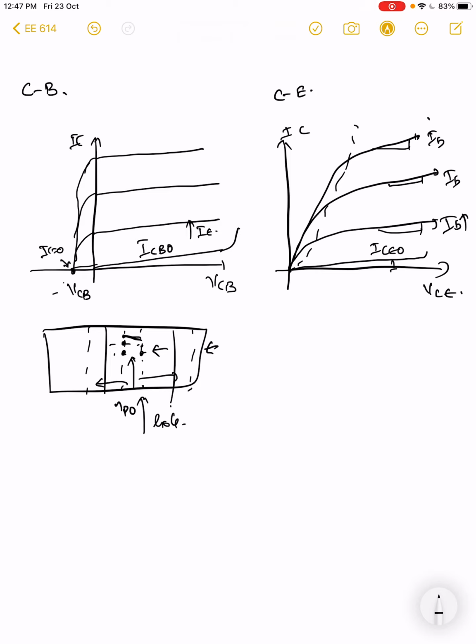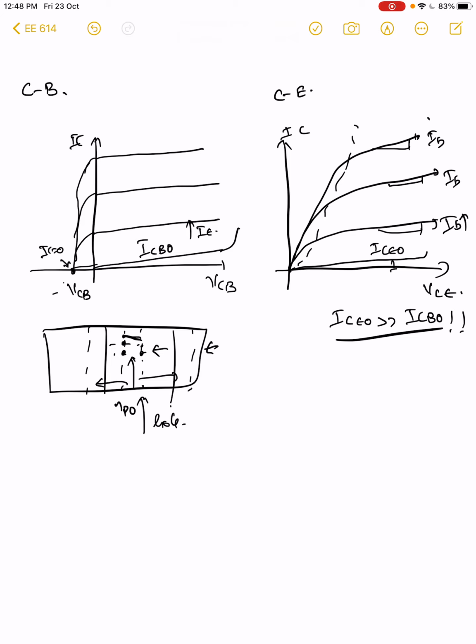So it's always that ICEO is much larger than ICBO. We will see very soon why this is the situation. We have to know this because it is crucial. It determines which is your choice of configuration to use.